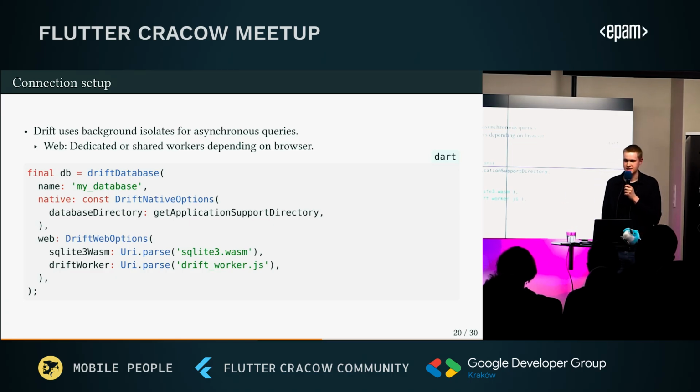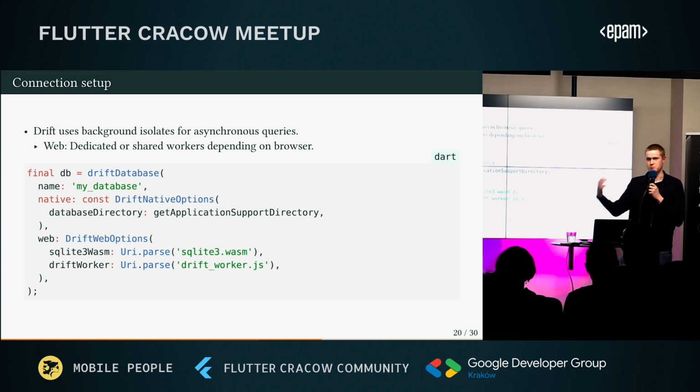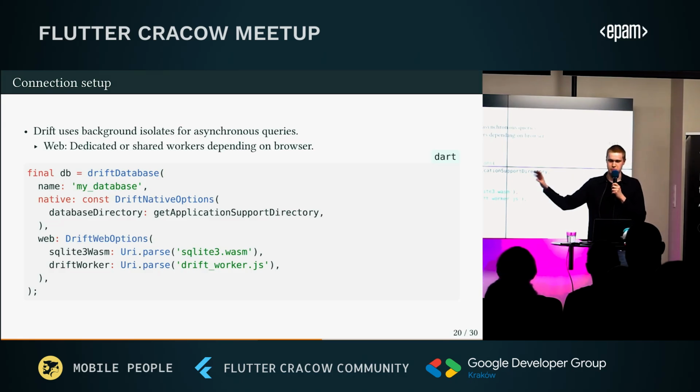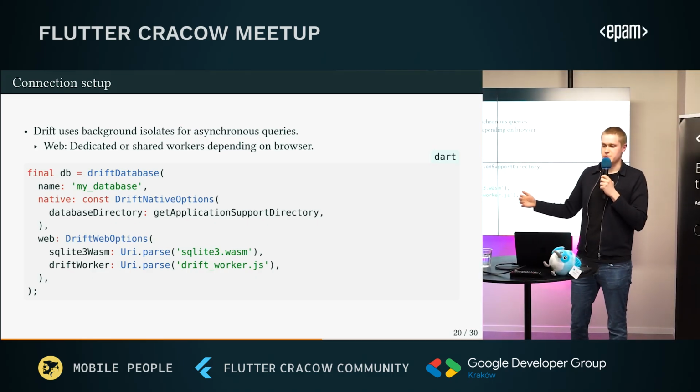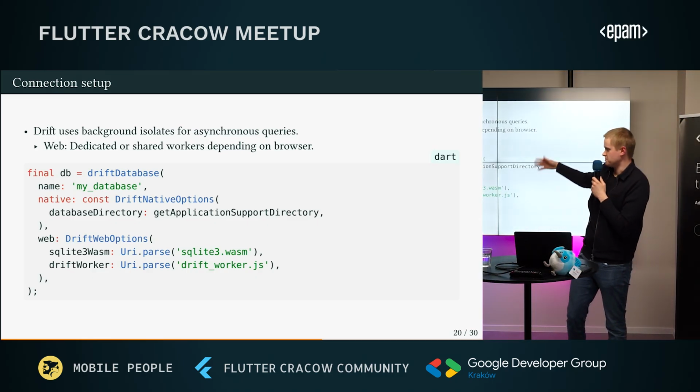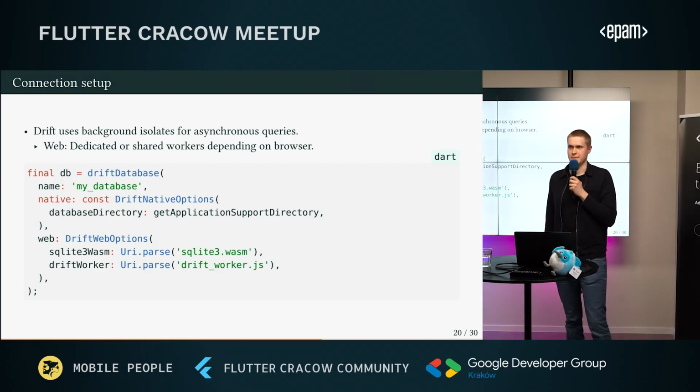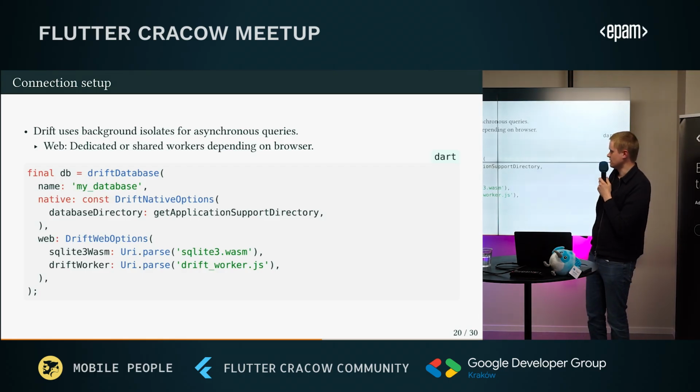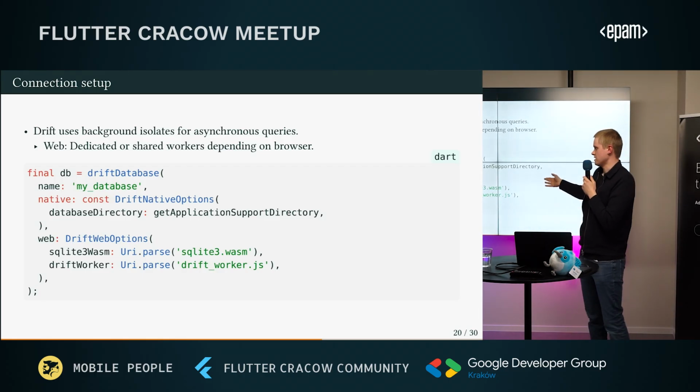On web platforms it's challenging, because some web APIs that we want to use are only available for dedicated web workers, and obviously your Flutter app, your main UI, is not running in a worker. So we pretend that we can call SQLite directly, but what we're actually doing is sending messages through a dedicated worker that the library manages for you. That will then run the queries and send the results back, and we just pretend that everything happens in the same context. There's a lot of cool technology happening underneath.